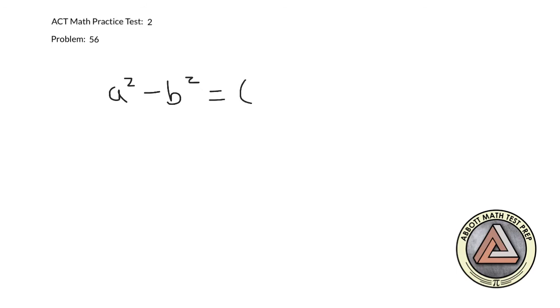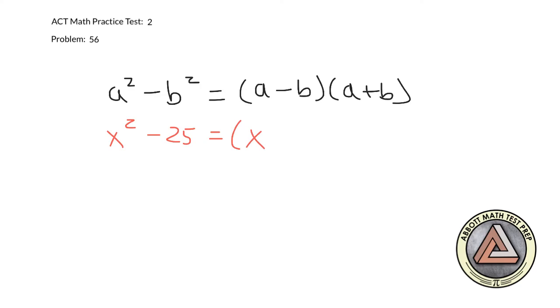Many of you have learned a squared minus b squared equals a minus b times a plus b. Okay, so that means if you had something like x squared minus 25, well, that would be x minus 5 times x plus 5. Okay, so many of you are aware of that. You've seen that kind of thing before.